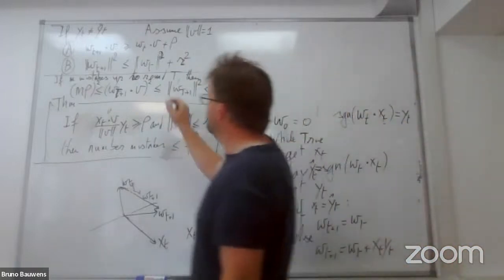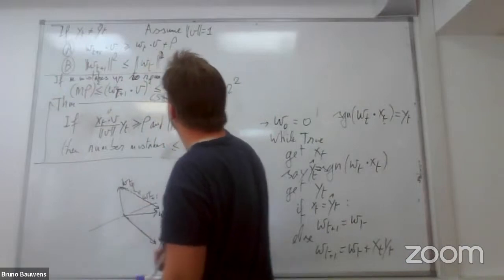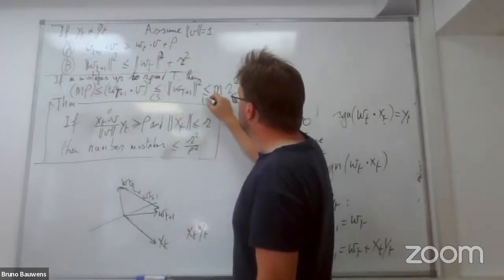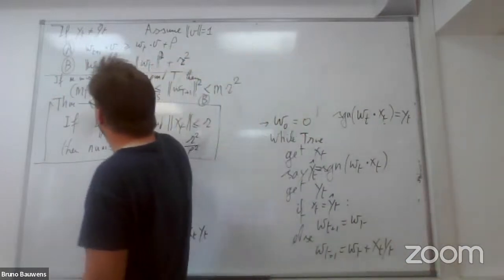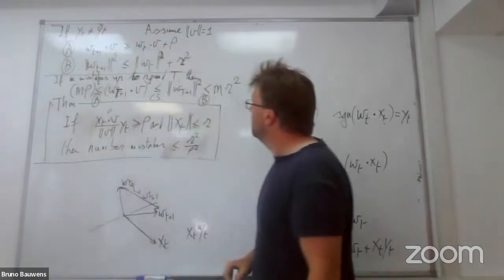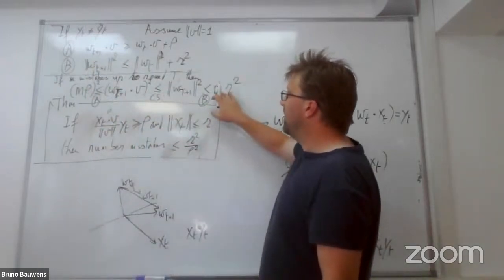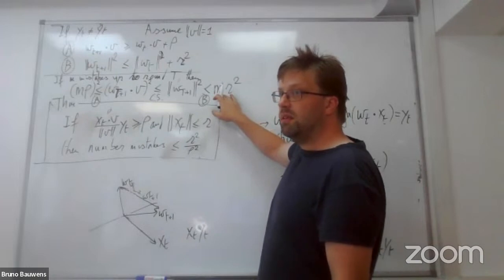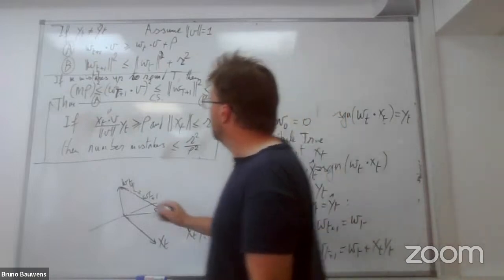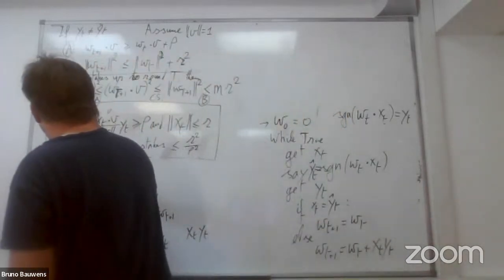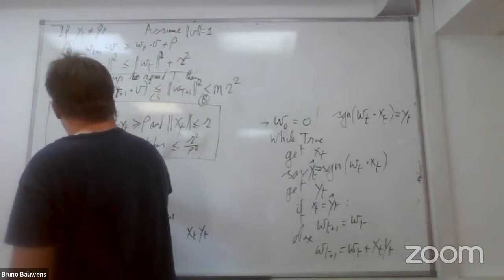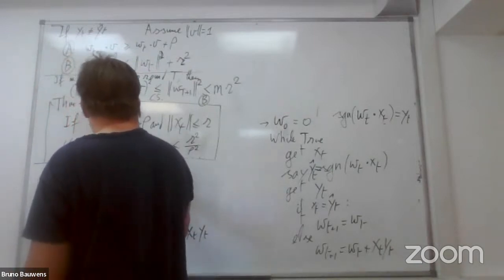So here is Cauchy-Schwarz, and here is B, here is A. Now we can divide everything by M. We have obtained that M squared rho squared is smaller than M times R squared.